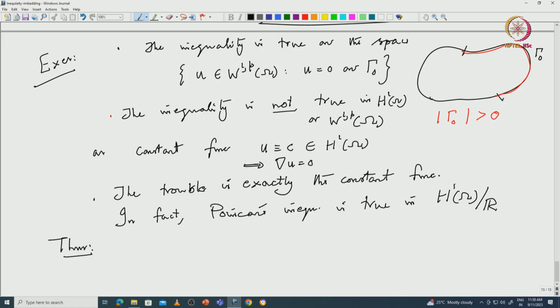Before the Poincaré inequality, let me make some more comments.